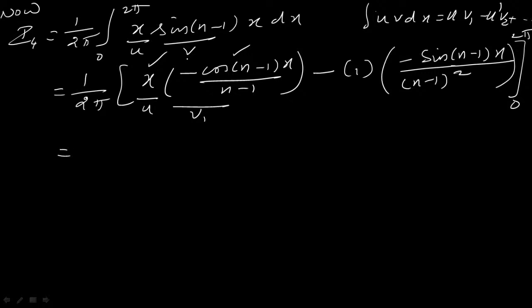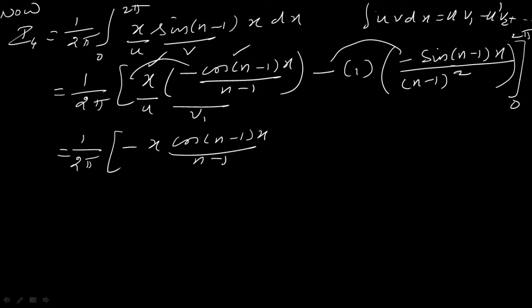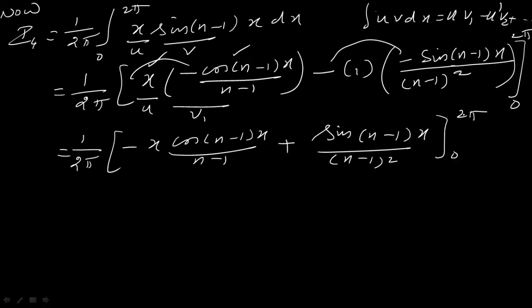Now let me simplify. You take this minus to the front and make these two minuses, that is minus into minus as positive. That is equal to 1 by 2 pi minus x cos n minus 1x divided by n minus 1 plus sin n minus 1x divided by n minus 1 the whole square with the limit from 0 to 2 pi.